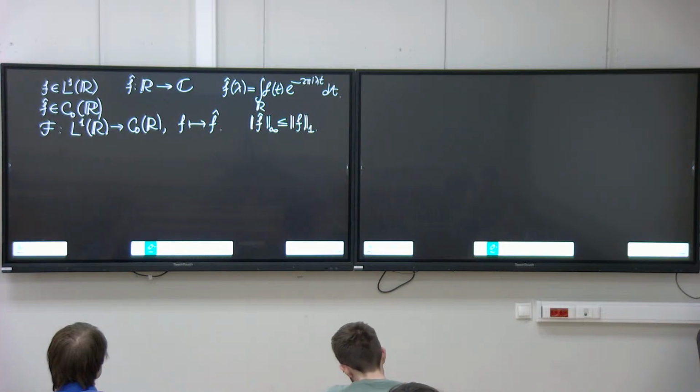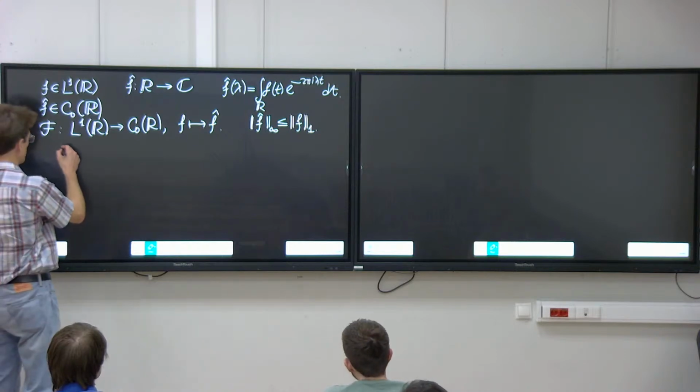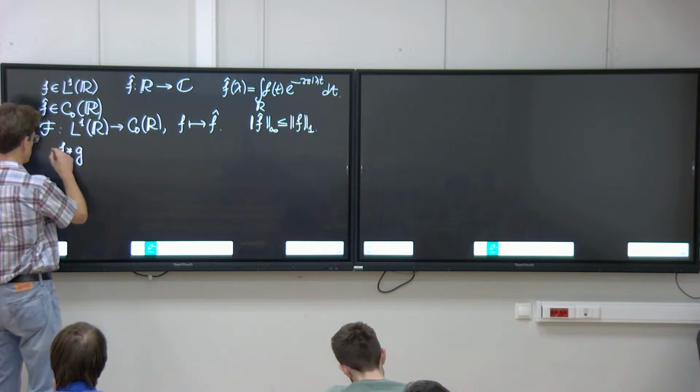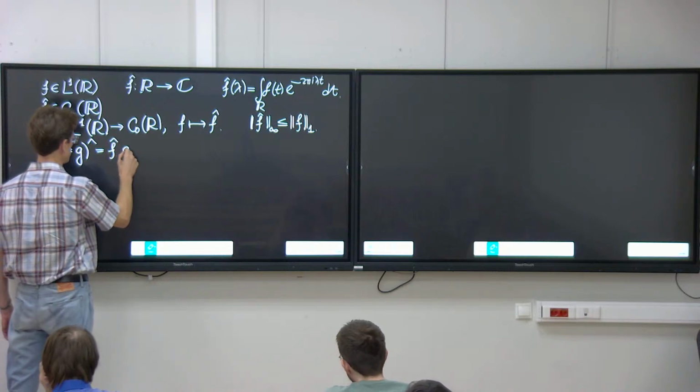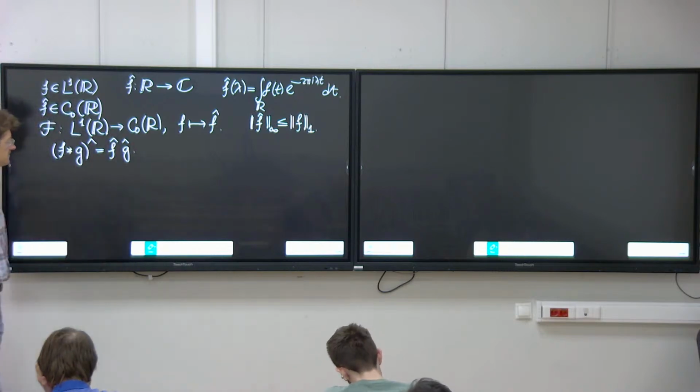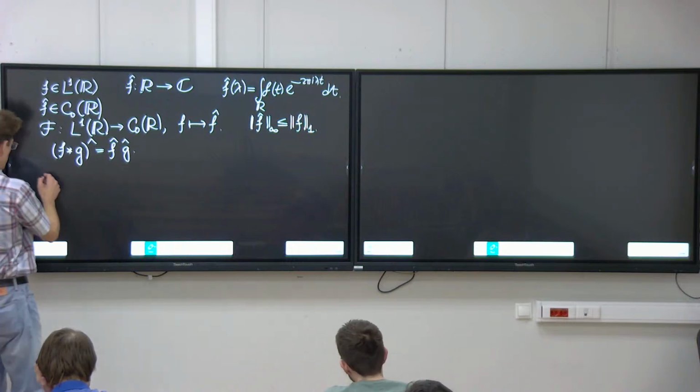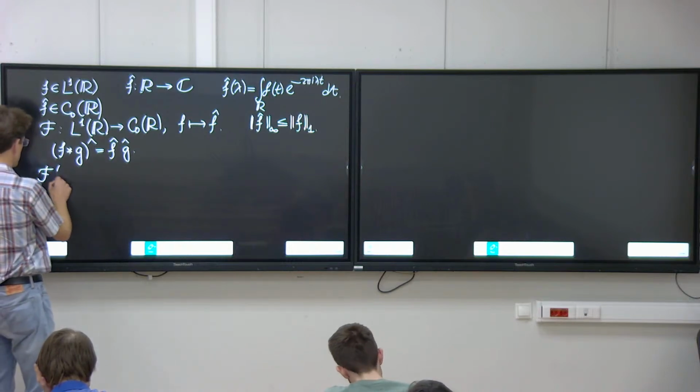Also, I recommended you do this as an exercise and show that F is actually an algebra homomorphism. If we equip L1 of R with the convolution multiplication, then we have the following formula. The Fourier transform of the convolution is the pointwise product of the Fourier transforms. So it is an algebra homomorphism. The range of this homomorphism has a special name.